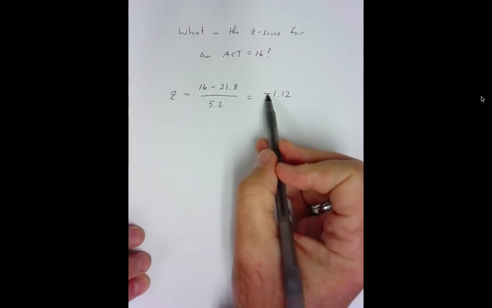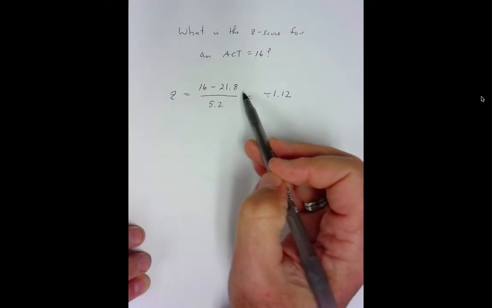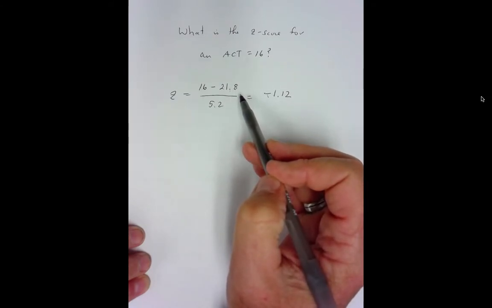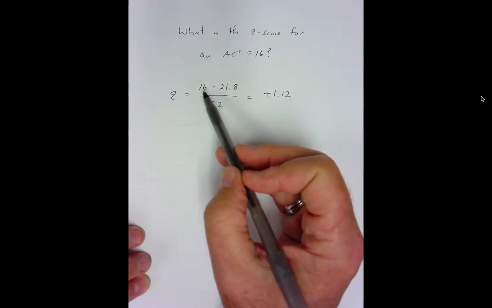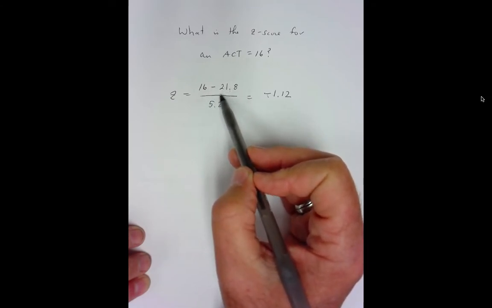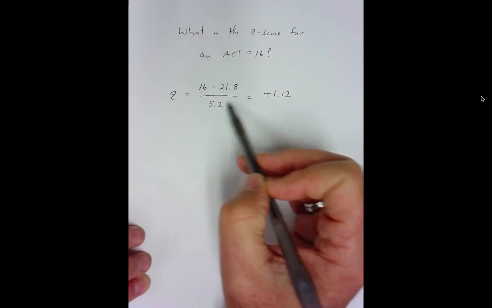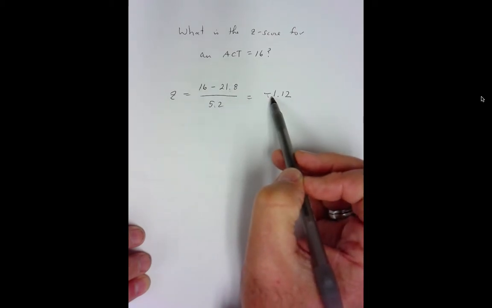Now, why is it negative? Well, it's negative because the score is below the mean. So we can make a generalization from this. If the score is bigger than the mean, then this is going to be a positive divided by a positive, since standard deviation has to be positive, giving me a positive z-score.